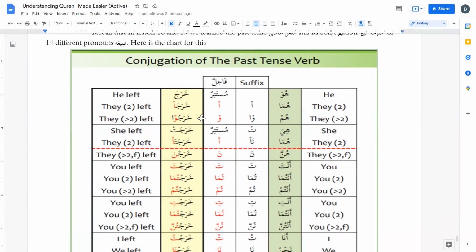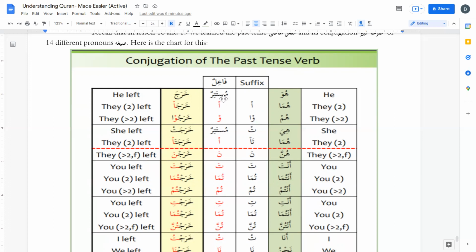And if the doers of the action are two persons and they are not there when someone is talking, like they are the third person and they are two in number, then we have a different ending of past tense, like kharaja. And if the doers are more than two, like three or more, then we have a doer or fa'il, which is waw, and this waw is called wawul jama.